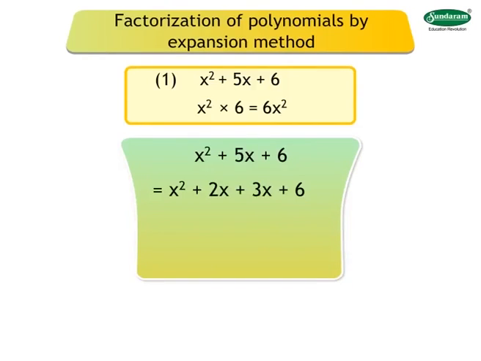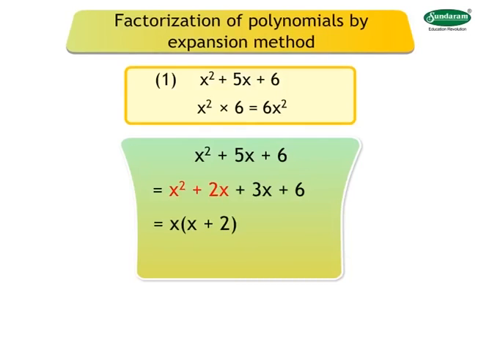After expanding, we have to take the common of the first two terms followed by the common of the next two terms. For the first and the second term, x square plus 2x, taking plus x common, we get plus x into x plus 2.